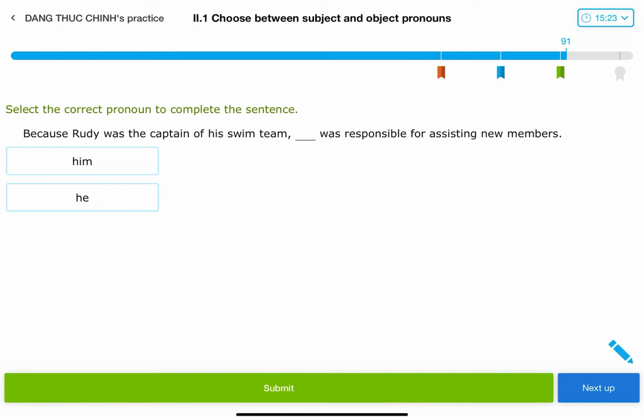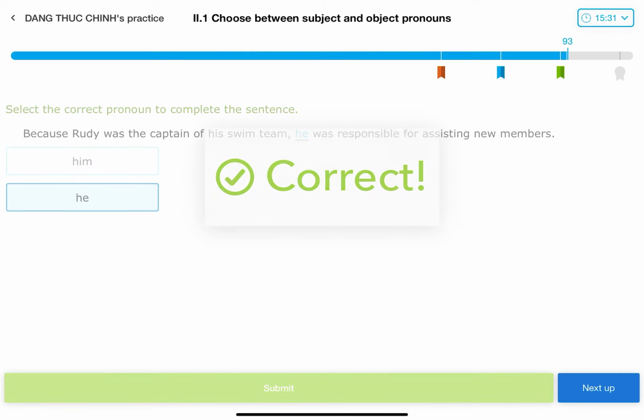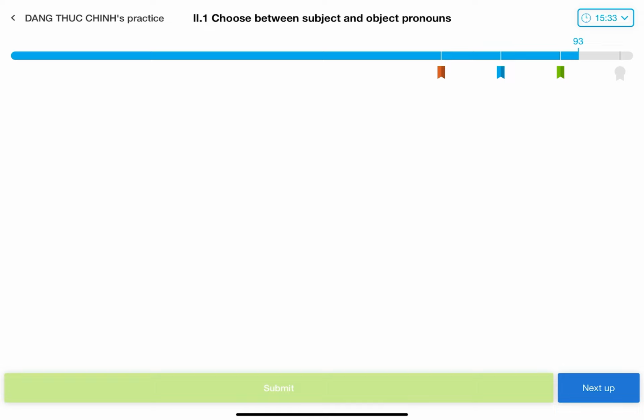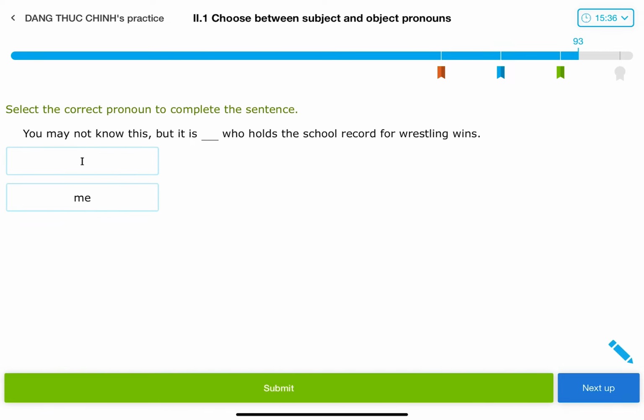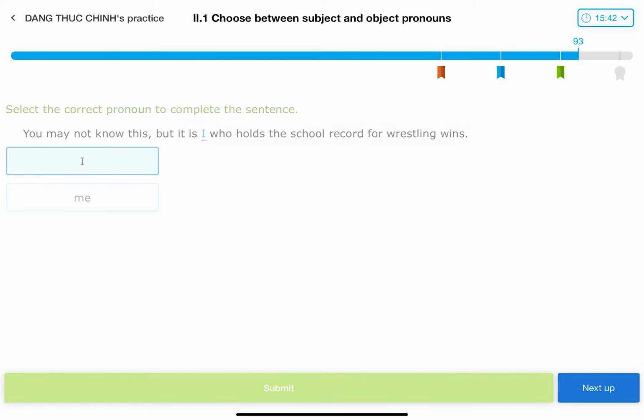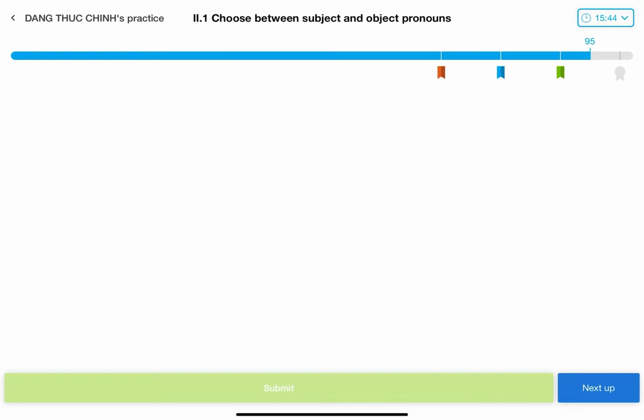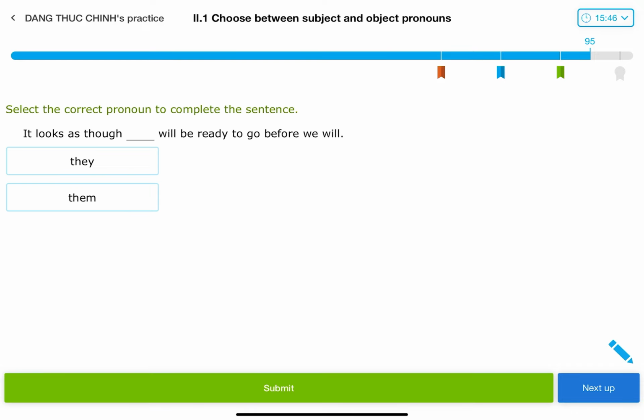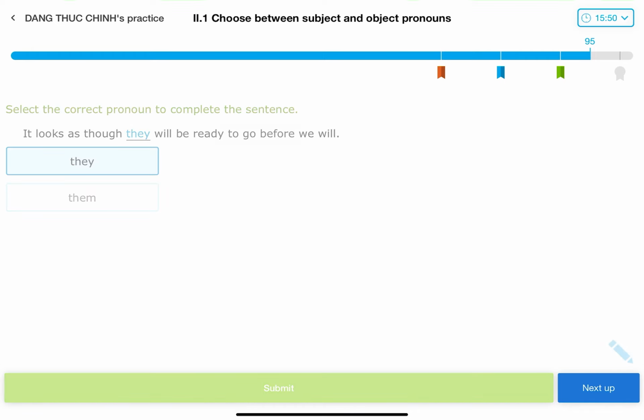Because Rudy was the captain of his swim team, he was responsible for assisting his new members. You may not know this, but it is I who hold the school record for wrestling wins. It looks as though they will be ready to go before we will.